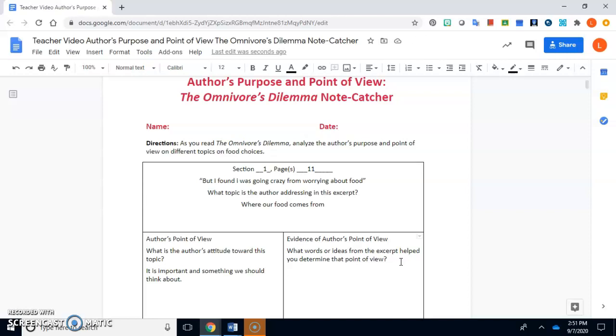So that gives us a really big hint about his attitude towards the topic. Going crazy, worrying are two things in this sentence that help us to better understand his perspective.